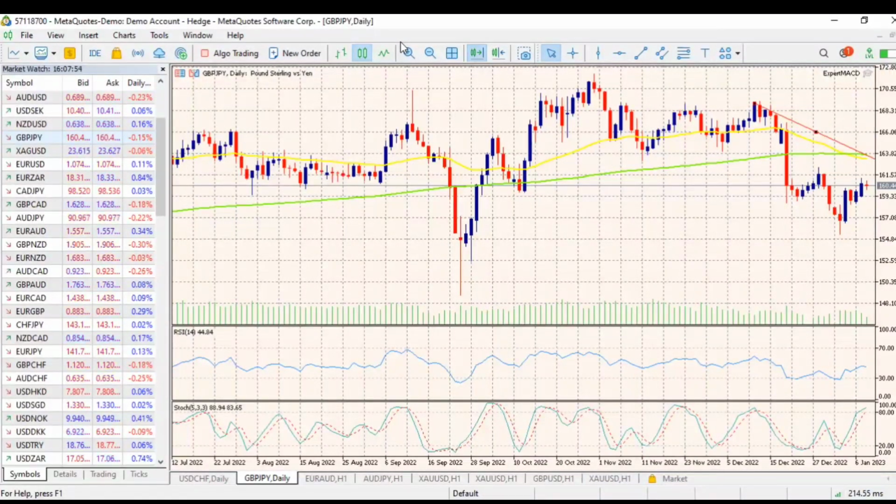This is a live chart, and this is one of the live signals I'm providing you right now, a GBP/JPY sell trade. The market is going to fall a little bit. You can set your TP or SL up to 15 to 20 pips down. So this is a live trade, and you can apply it on your chart.